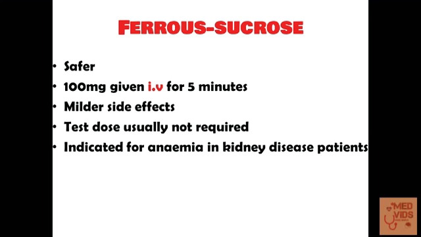So there is a recommendation that you can use ferrous sucrose in a chronic kidney disease patient with anemia. But it has been found that even in those patients, milder adverse effects occur while treating with ferrous sucrose, but it is somewhat better than iron dextran in treating chronic kidney disease patients.